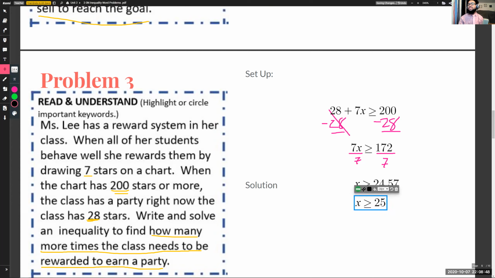Put down the exact answer that you get, but then also put down an answer that's reasonable for the question being asked, okay? Miss Lee isn't going to stop them in the middle of that 24.57 times of getting rewarded to give them the party. She's going to do it on the next class, all right?